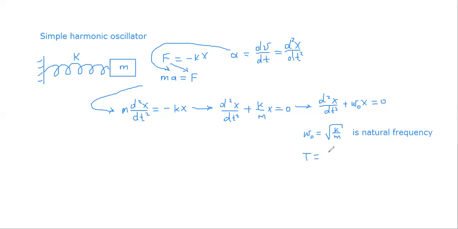So the period is 2 pi divided by omega 0, and this is the same as, in this case, 2 pi square root of m divided by k, mass divided by the spring constant. So this is the period of oscillations.